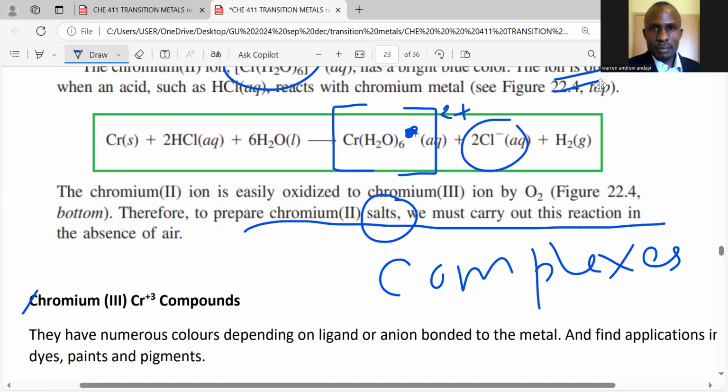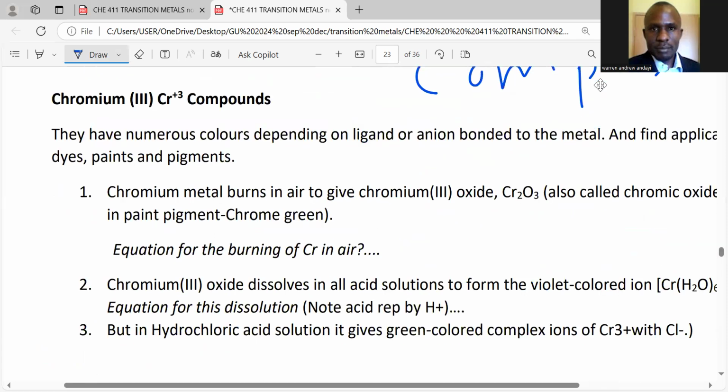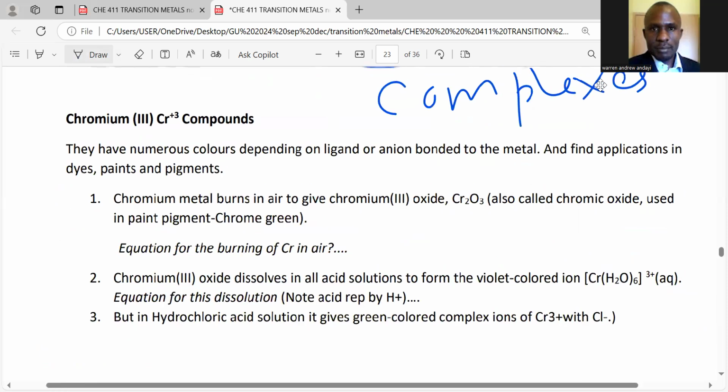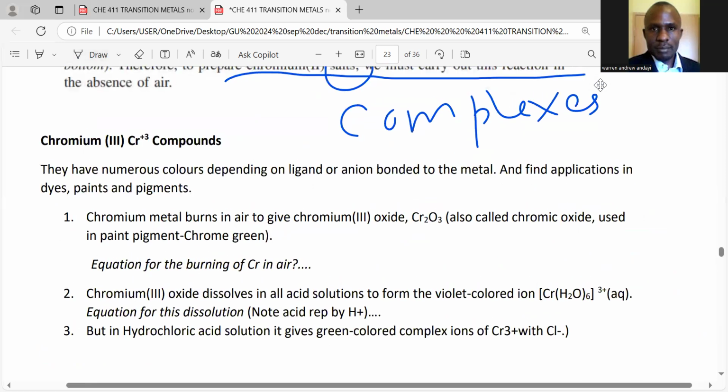Okay, let's look at chromium 3 compounds, or chromium 3 chemistry. Chromium 3 is interesting in that when you put different ligands or anions on it, it forms different colors. Because of that, it is used for making paints and pigments.